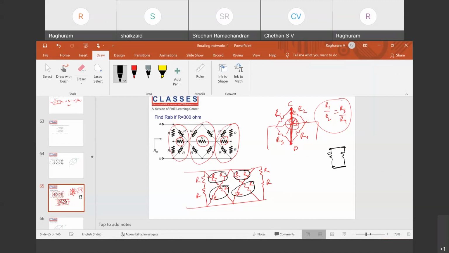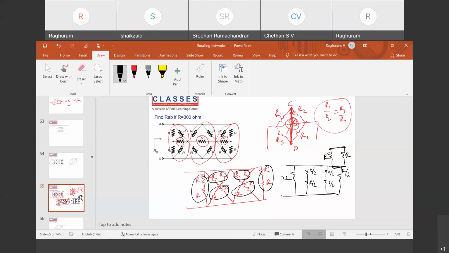If R is parallel to R, what is the equivalent resistance? When two equal resistors are connected in parallel, it is R by 2. This is R by 2, and in series, this will become 2R. So this is 2R, this is R by 2 and R by 2, again R by 2 and R by 2.